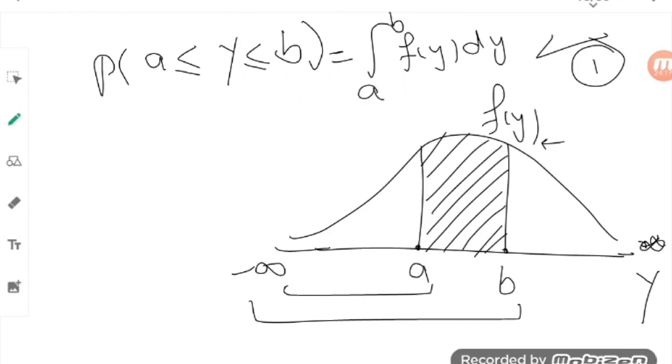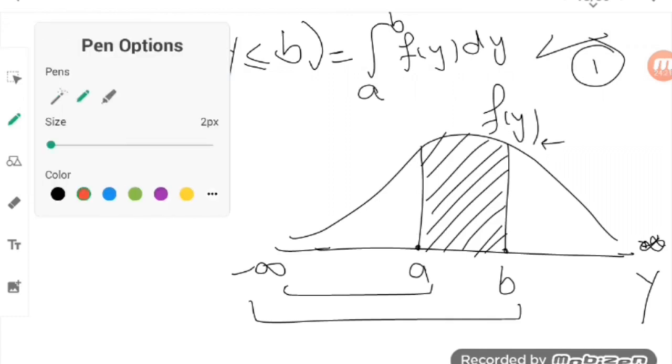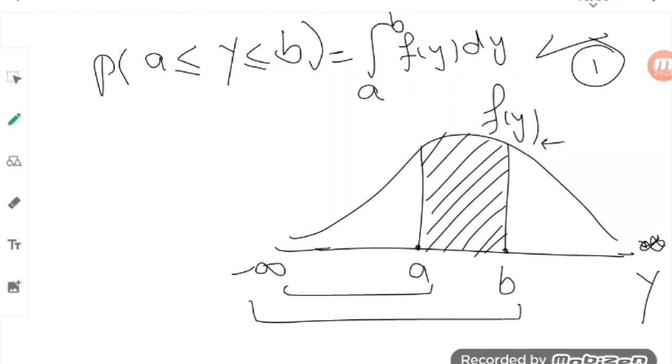If we imagine this area is shaded in red, this represents the probability that y is less than or equal to a.